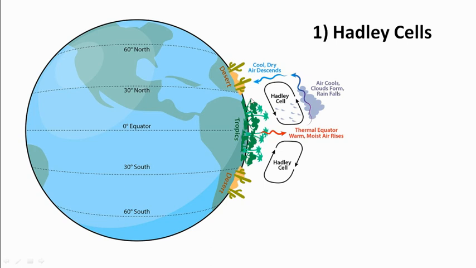Deserts form in a band from about 30 degrees north of the equator, and in the equivalent band about 30 degrees south.